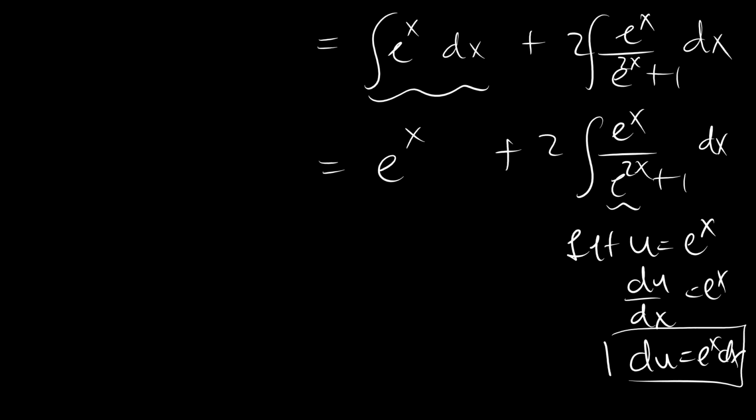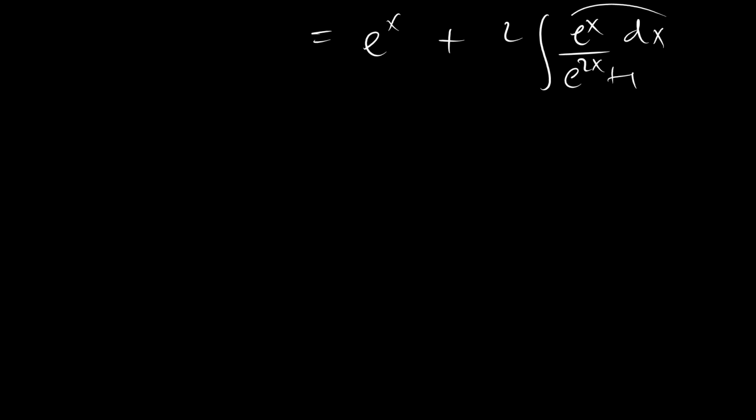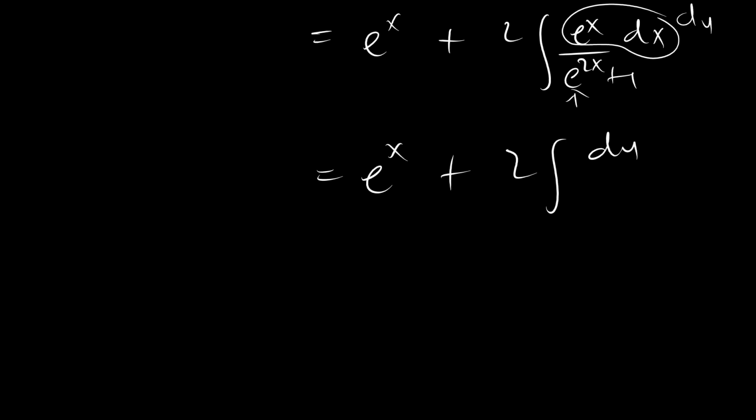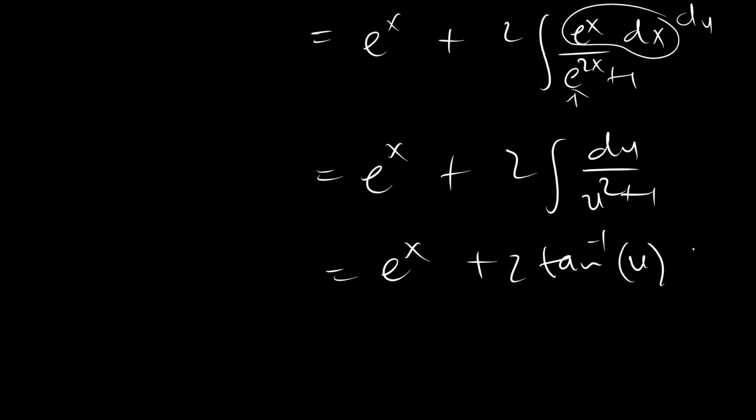And what follows from there is that we see this is our du and we have a u squared there, and this is the same as e^x plus 2 times the arctangent of u plus c.